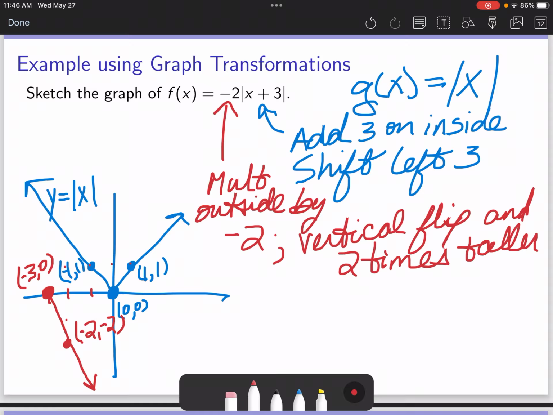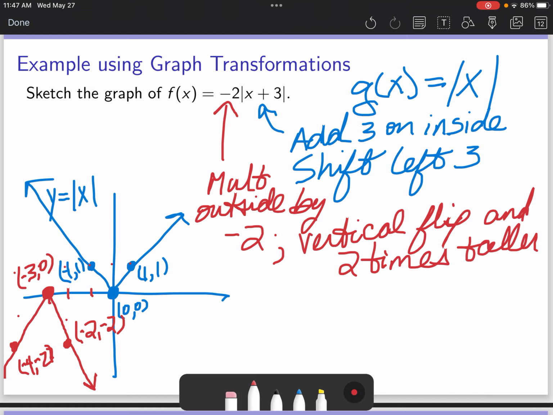And then as I move the point negative 1, 1, it goes left 3 to negative 4, 1, flip over the x-axis, then 2 times as tall. So now I'm at the point negative 4, negative 2. And I have that same basic shape.